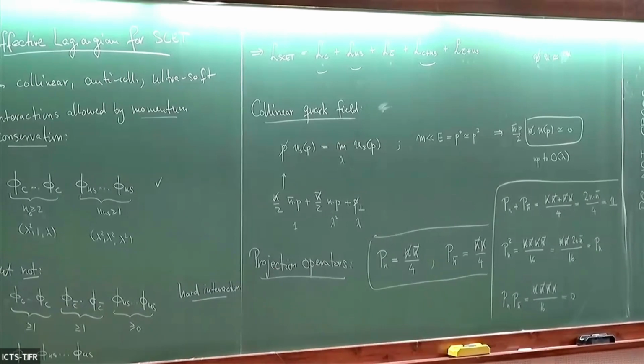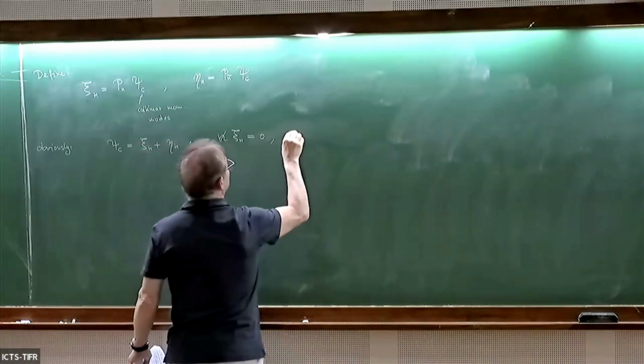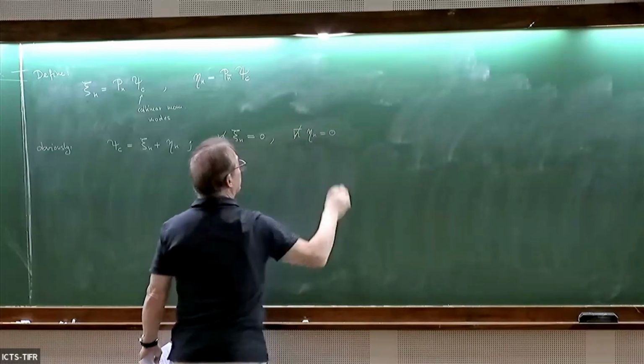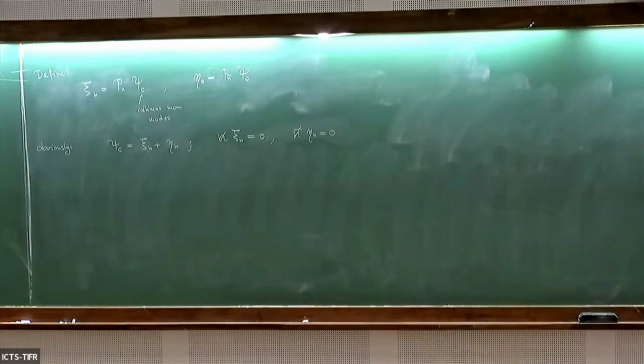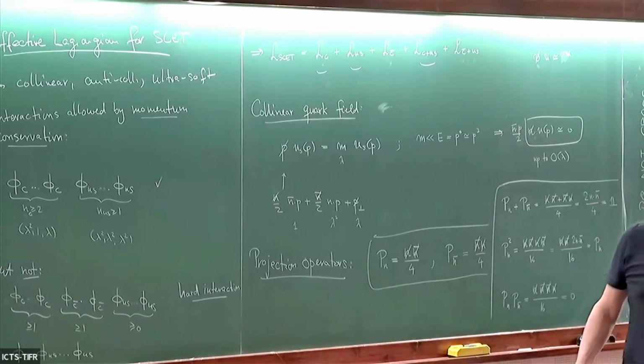So this is an identity. I take the full field, I split it up into two spinors. The first one is annihilated by n-slash. The second one is annihilated by n-bar-slash. And of course, the first one is going to be the good guy, because we know that in the high energy limit, the spinor should approximately satisfy n-slash acting on it equals 0.